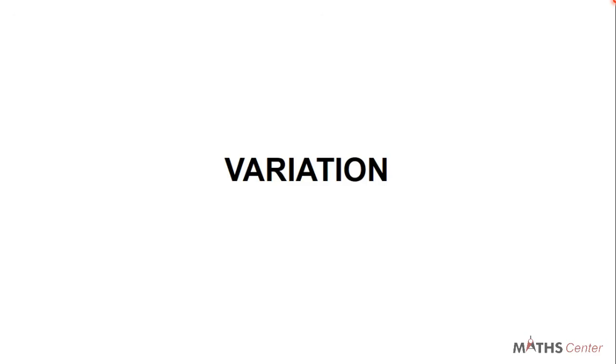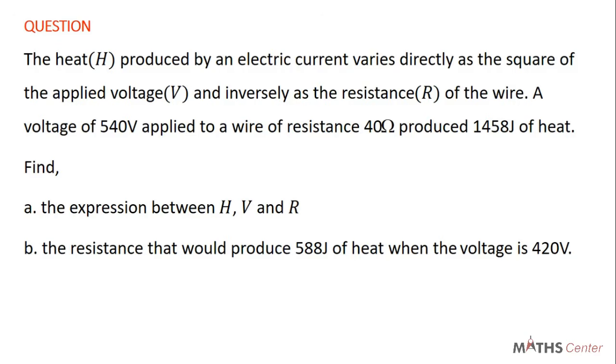The question for this video is: the heat H produced by an electric current varies directly as the square of the applied voltage V and inversely as the resistance R of the wire. If a voltage of 540 volts is applied to a wire of resistance 40 ohms, the heat produced is 1458 joules.